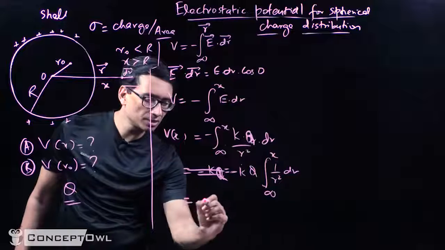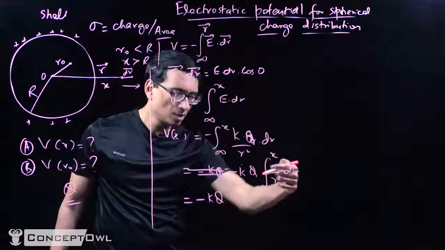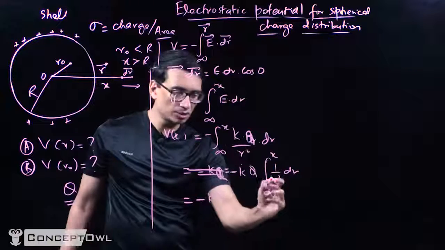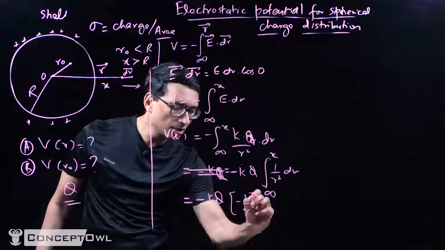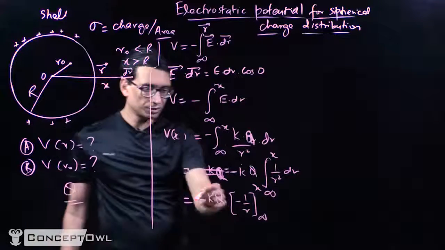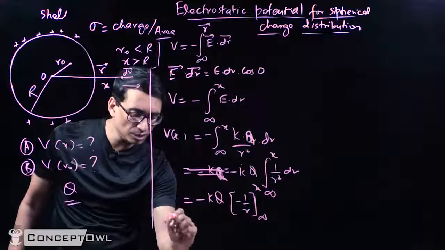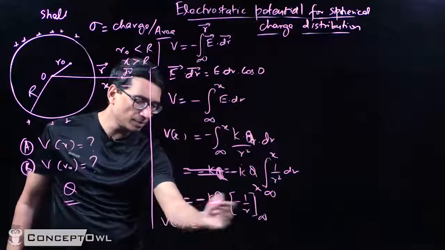The integral is going to be minus 1 upon r, from infinity to x. Again, we've done this. Just evaluate this. So V at x is going to be equal to, and I can take this minus sign out, this minus will cancel.